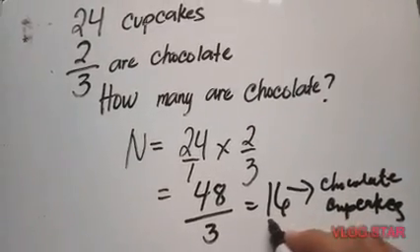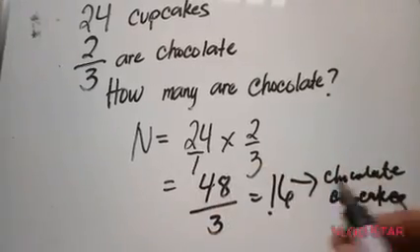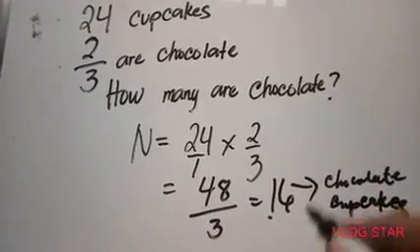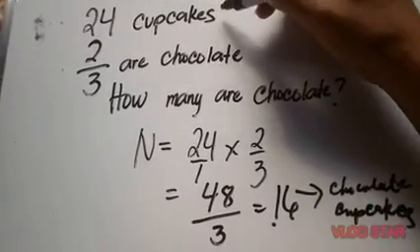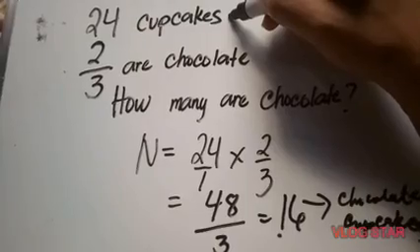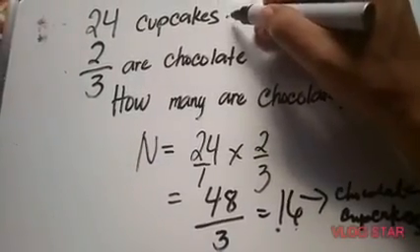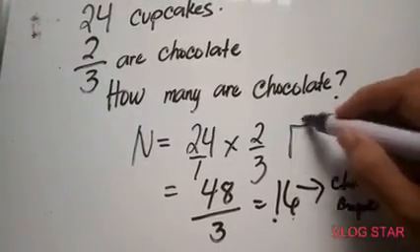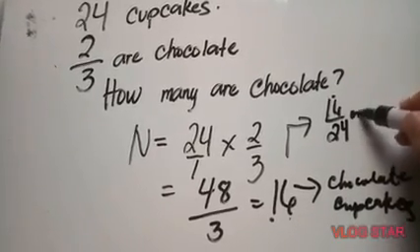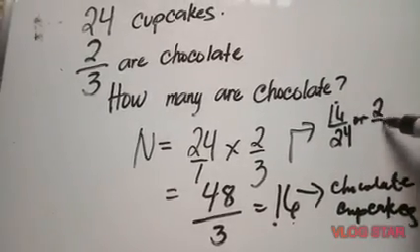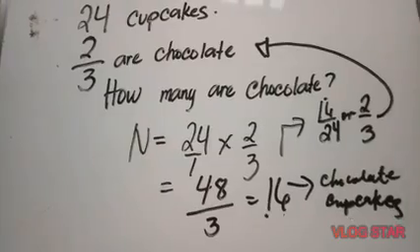If we want to know if our answer is correct, just convert it into a fraction using 16 as the numerator and 24 as the denominator, since 16 is part of the whole of 24. So 16 over 24 can be simplified as 2/3, which is the chocolate.